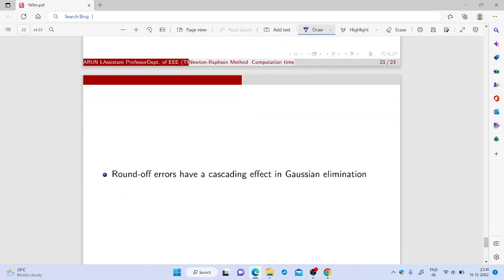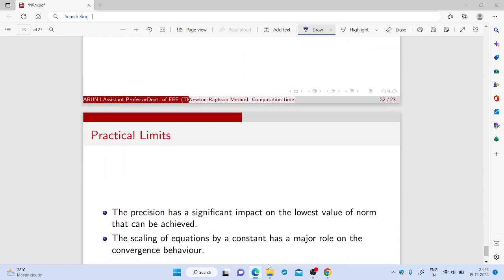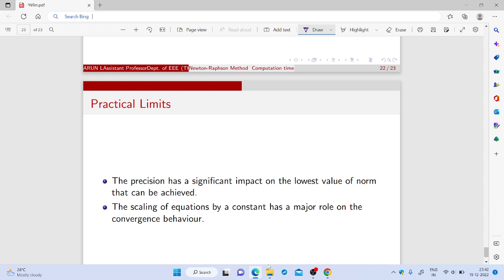The round off errors have a cascading effect in Gaussian elimination. The round off errors in the first iteration, the one step of Gaussian elimination, will propagate to the next rows. So the precision has a significant impact on the lowest value of norm that can be achieved. The value of norm is what we are checking for reaching the convergence criteria.